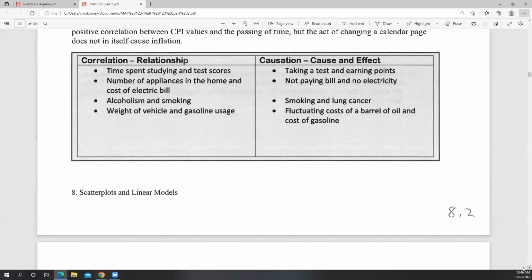And then there's all the debates. So as we see correlation, we start to investigate if there's also causation. And then oftentimes there's debate about, is this just happening together or is it something else maybe causing both? And then the barrel of oil and the cost of gasoline.